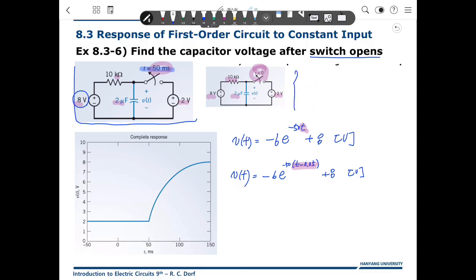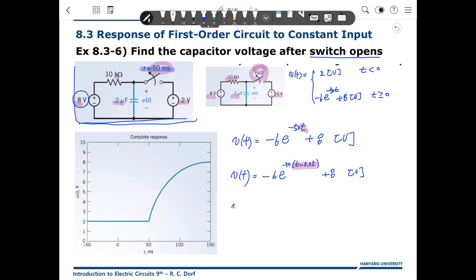In the case of here, Vt is 2 volt when t is smaller than 0 second, and minus 6 exponential minus 50t plus 8 volt when t is larger than 0.